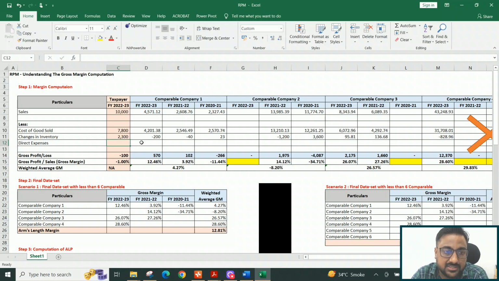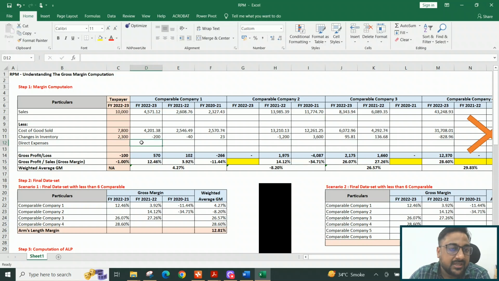The taxpayer's data you will always have with you, but you won't have the comparable companies' internal data, that is, all the account heads, from where you can identify what the direct expenses were that the company incurred while undertaking the sales transactions, right? So that is where I have not included direct expenses. But if you see the methodology under the provisions, when we studied that, it included direct expenses also. But in the practical scenario we don't find that.